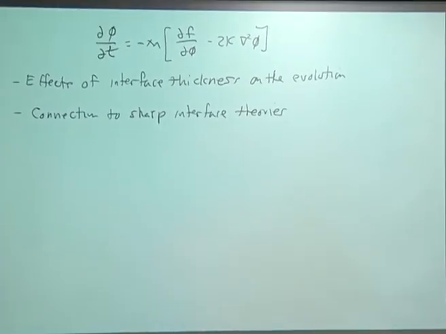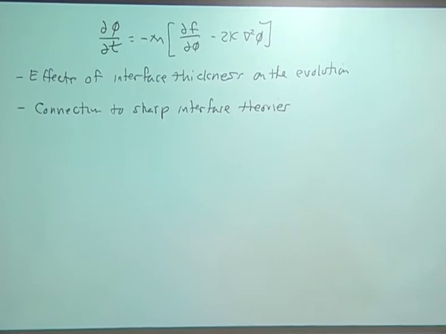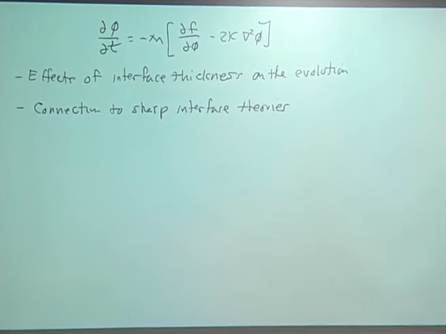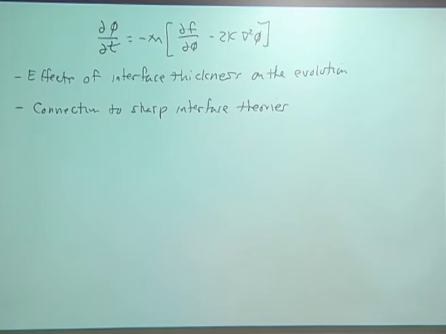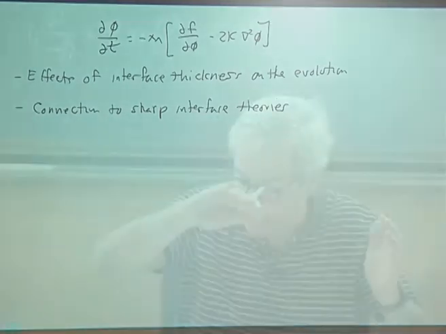When we started our discussion on phase field methods, I talked about the growth of a precipitate, and I sketched out this problem where you had diffusion on both sides and boundary conditions on the interface. And I said, if you do a phase field model, you don't need boundary conditions on the interface. You have this smooth interface.